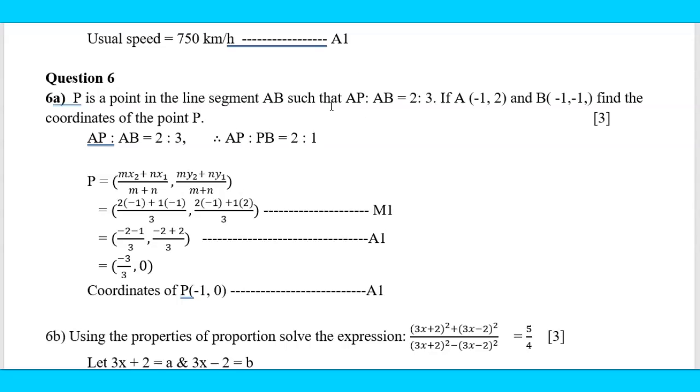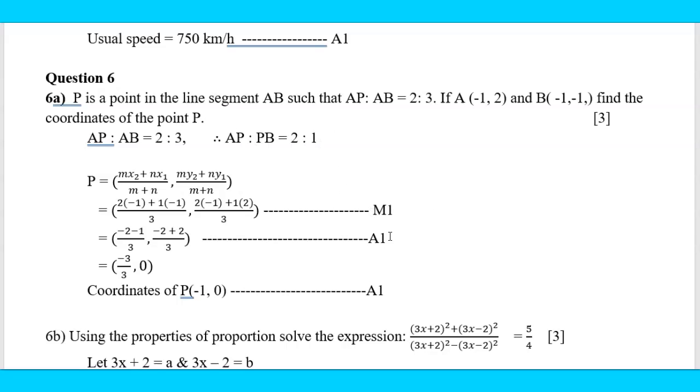Most of the students did not understand that here AB is given, and P is a point on AB. So AP to PB will be 1:2. Sorry, 2:1. Because here the whole AB is given as 2:3, so AP to PB will be 2:1. If you are doing this step, you will get 1 mark.